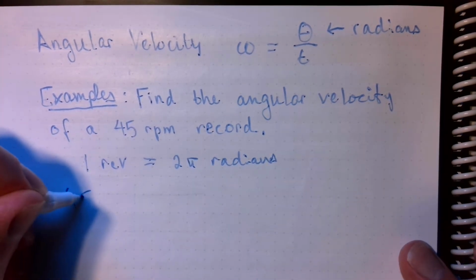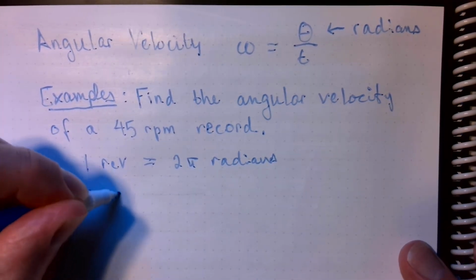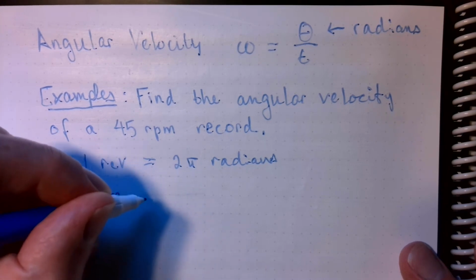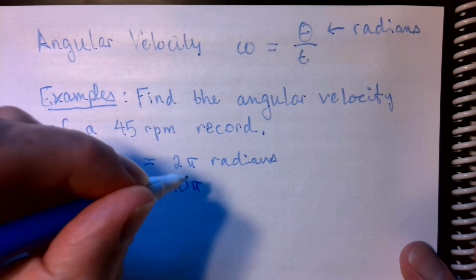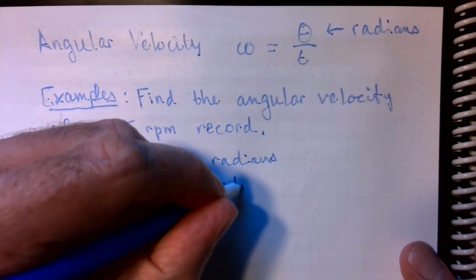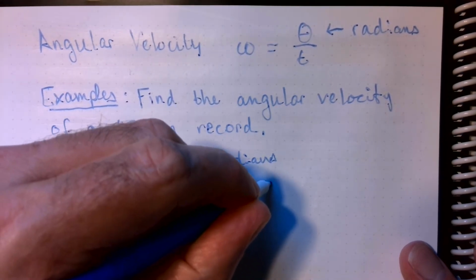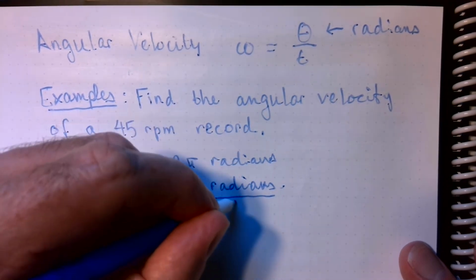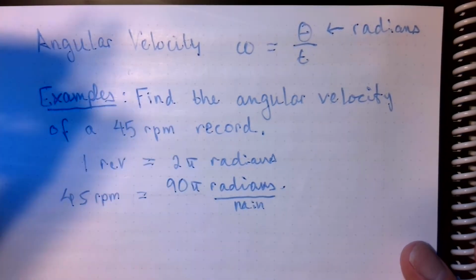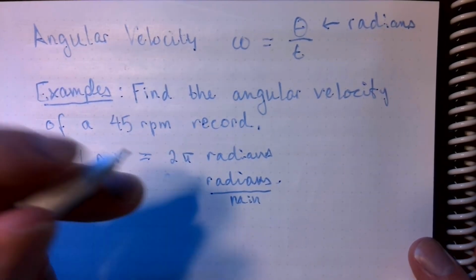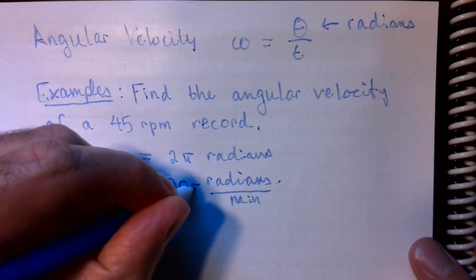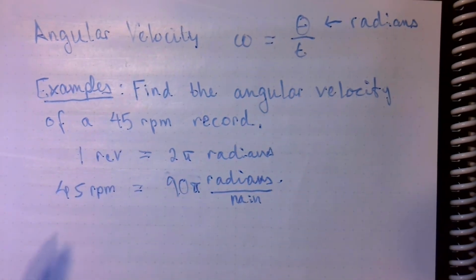So 45 RPM would be equivalent to 90 pi radians per minute. Okay, so that is the angular velocity in the terms that we will be using it.